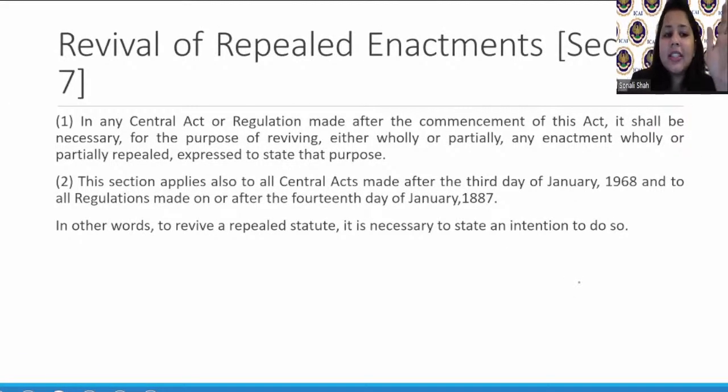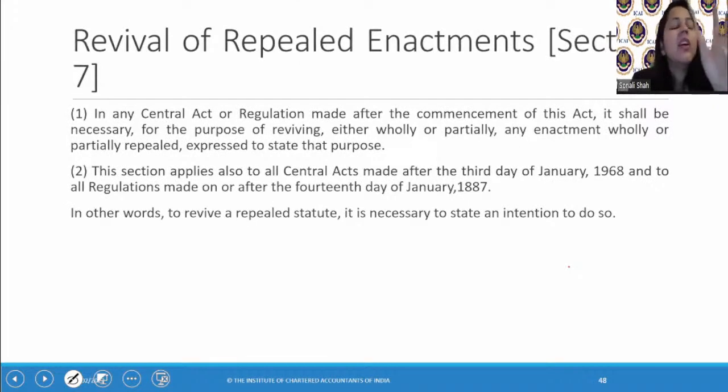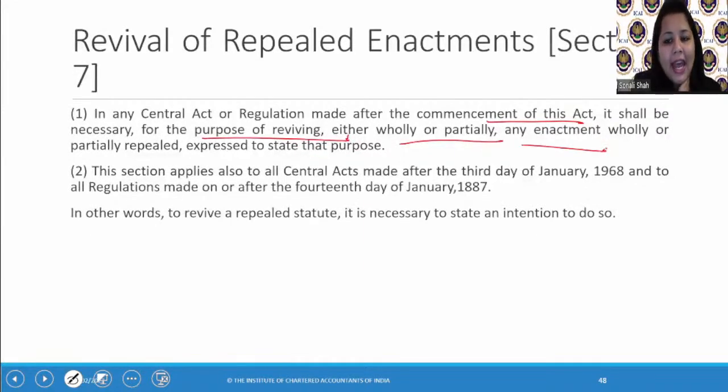Next is section 7, which talks about the revival of repealed enactments. Now the first thing is, can an enactment which was repealed be revived? Yes, they can be revived. But whenever it is to be revived, the reason for making that revival has to be recorded. So subsection 1 says, in any central act or regulation made after the commencement of this act, it shall be necessary for the purpose of reviving either wholly or partially any enactment to expressly state the purpose.